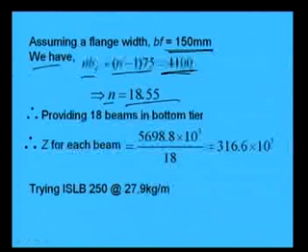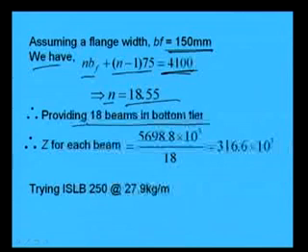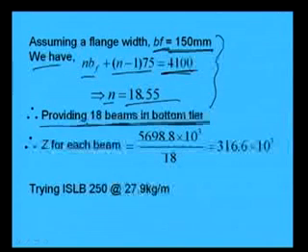So if we provide 18 beams in the bottom tier, we can provide. How do we find 18 beams? I hope you have understood that BF we are assuming as 150. So from this equation, it has to be a total of 4100, and from this I can find out the number.